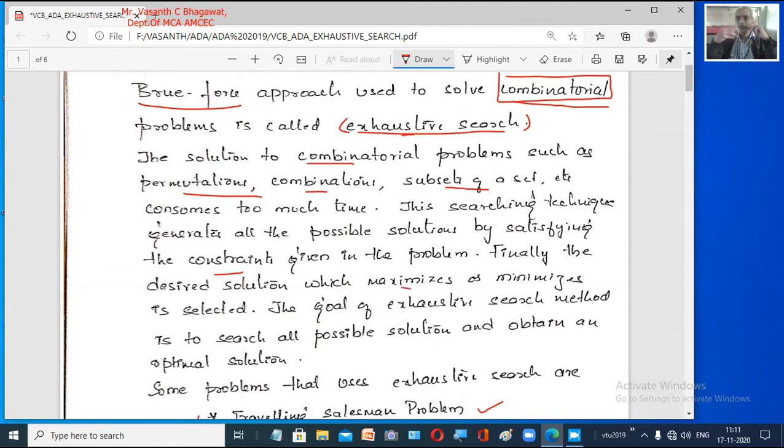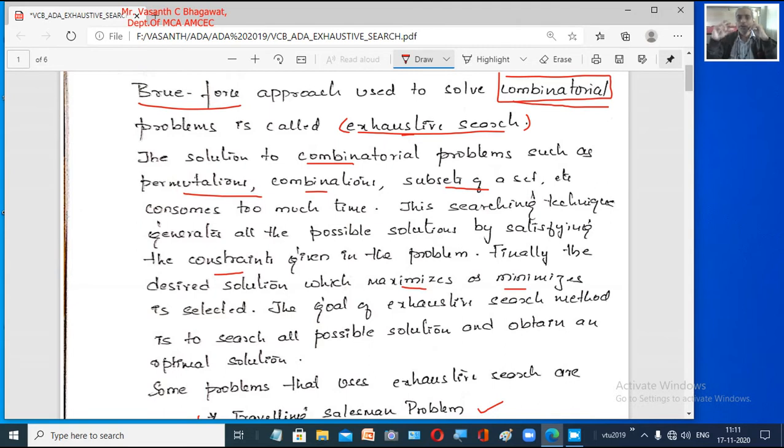Say for example, you want to maximize a profit. If you go to any organization, what is the main thing they want? They want to maximize the profit. How can they maximize the profit? By minimizing the resources or by minimizing the expenses. So all these types of problems will be either maximization or minimization problems.